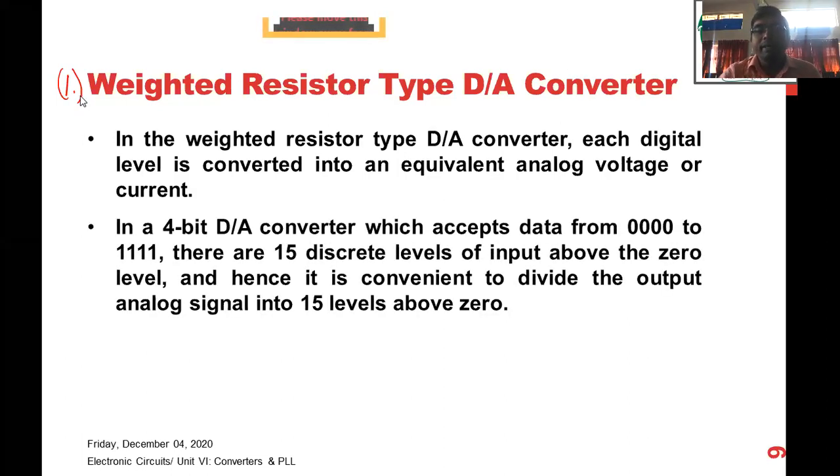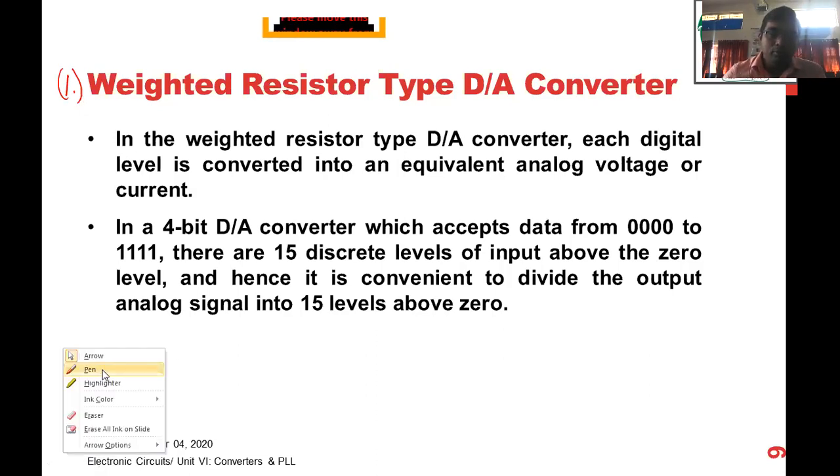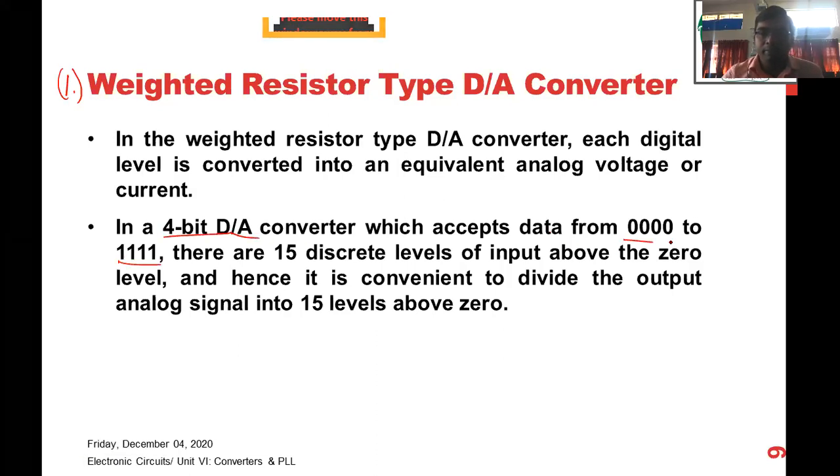For example, take a 4-bit digital to analog converter. It accepts data from 0000 to 1111.